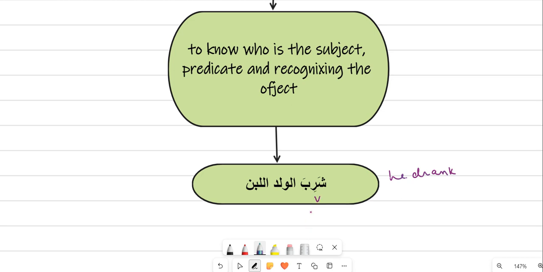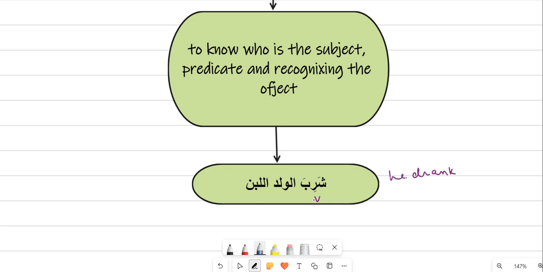And in Arabic, there are two types of jumla. I will discuss jumla ismiyah and jumla fi'liyah in detail afterwards, but right now I have given the example of jumla fi'liyah here, so I will just touch slightly on both. So this is the verb.